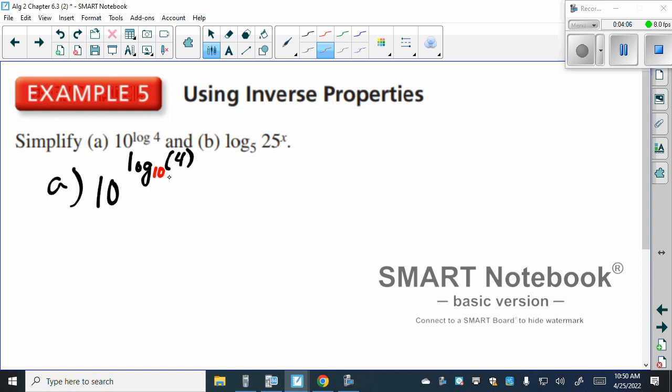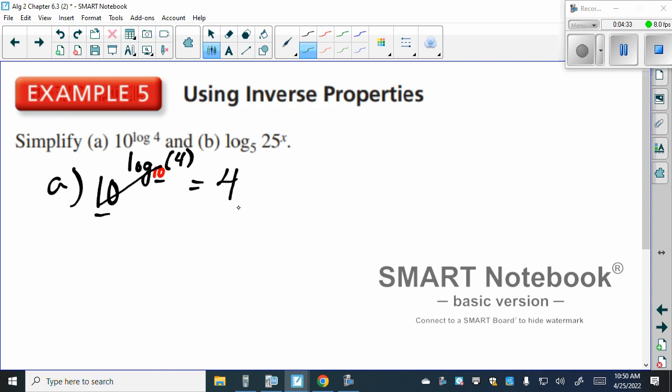This is the common log, base 10. In this example, the base and what this is being put to are the same, so these simplify out, leaving us with 4. 10 to the log base 10 of 4 is 4.